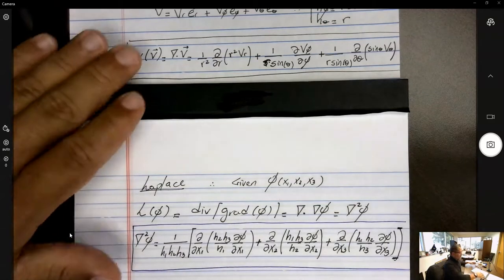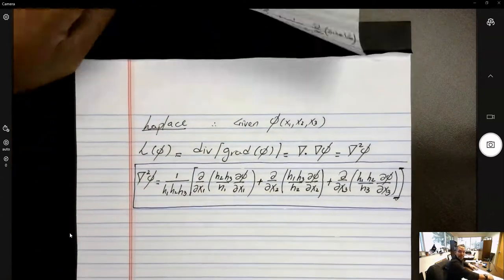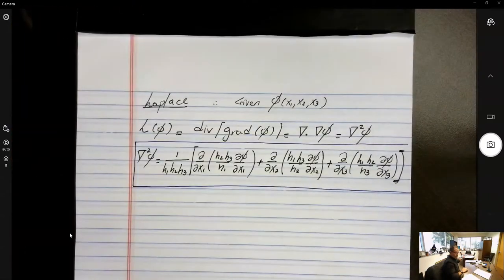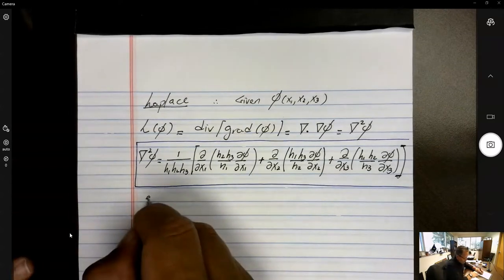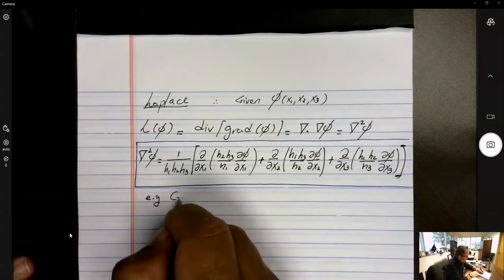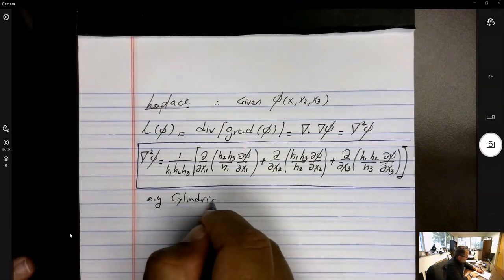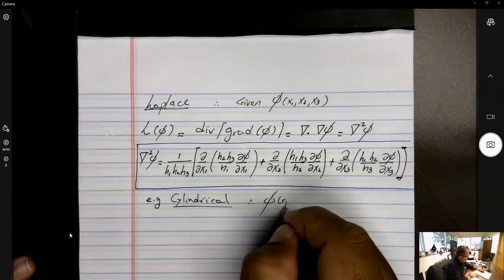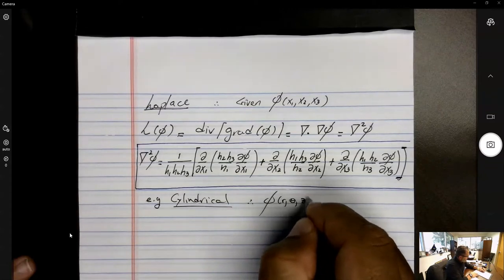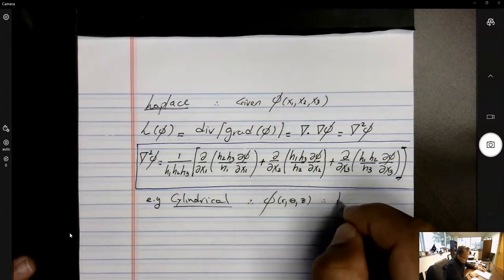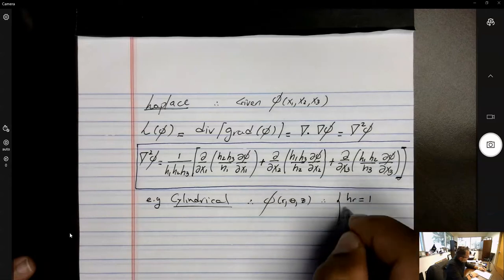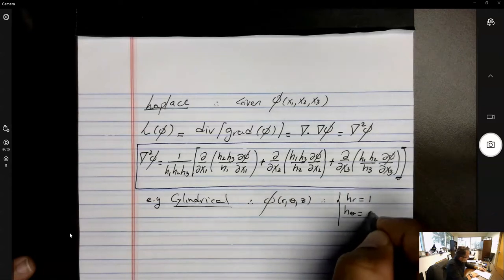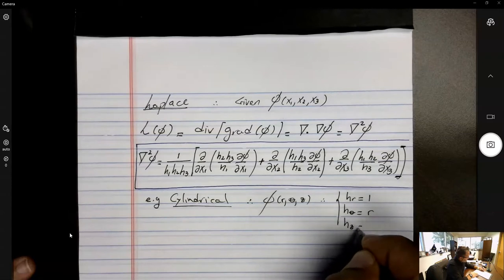So let's see. If I do this in cylindrical coordinates again, and again phi is a function of r, theta, and z, and the three scale factors go like this.